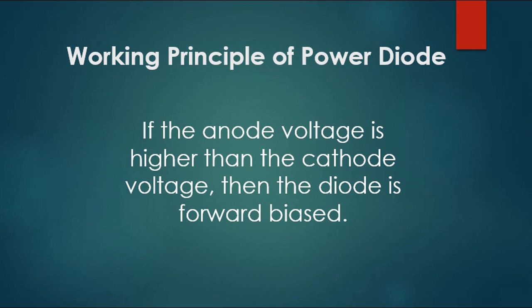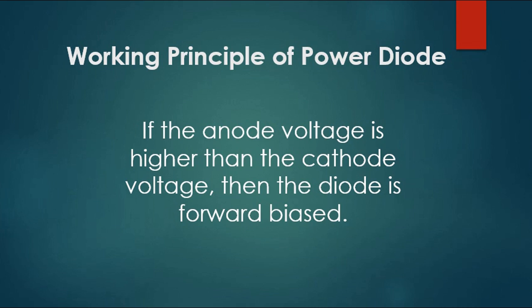Then the diode is forward biased. Let's say the voltage of the anode is 10 volts, while the voltage of the cathode is 5 volts. That simply means that the power diode is in forward bias. I just want you to understand it in that form.